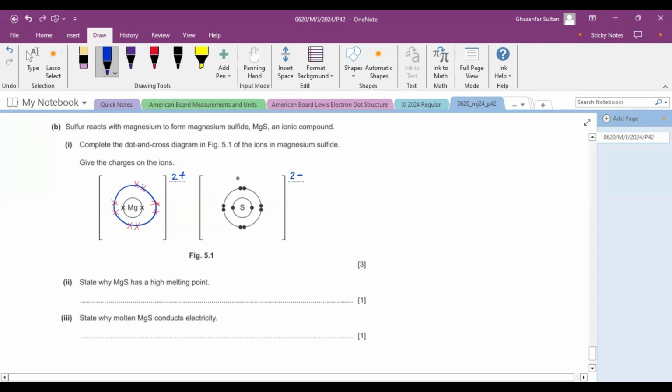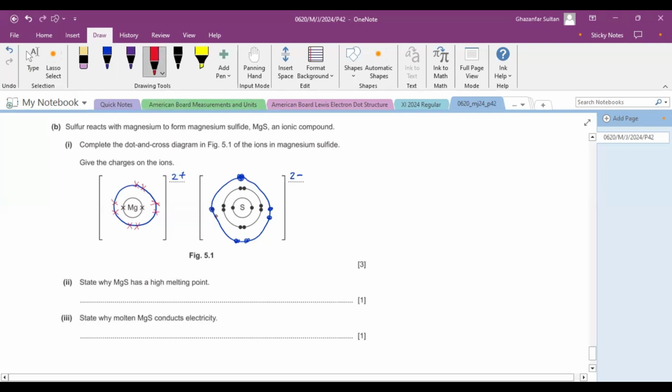And similarly for the sulfur ion, you have to draw a circle. And you know, sulfur has 6 electrons in its outer shell. And as they have shown their electrons with dots, draw the 6 dots, 2 in pairs and 2 separately.